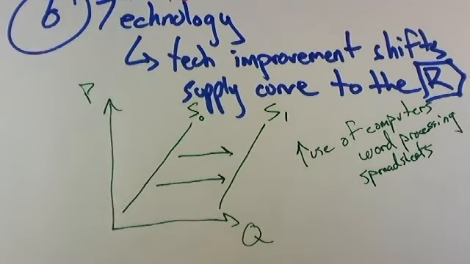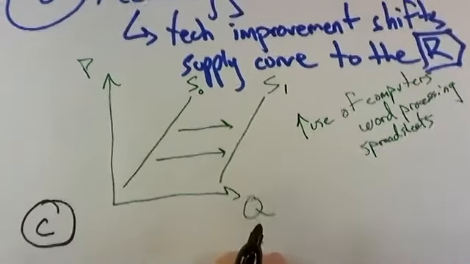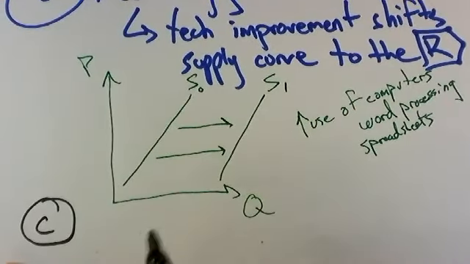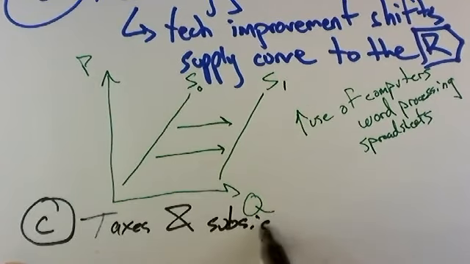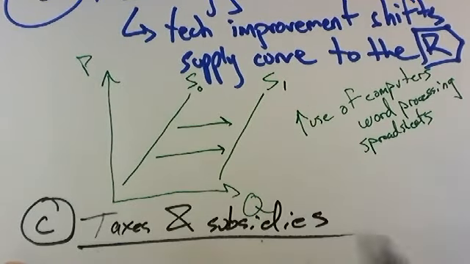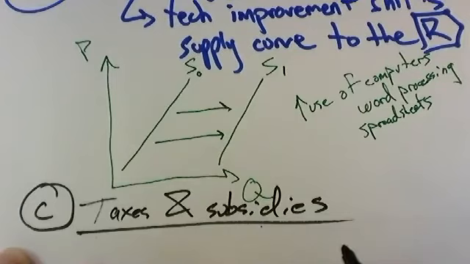And then, of course, you know, at some place we have to include, you know, Uncle Sam, right? So the government, the taxes and subsidies that are put in place by the government will shift the supply curve, right? And so essentially a tax is a cost.